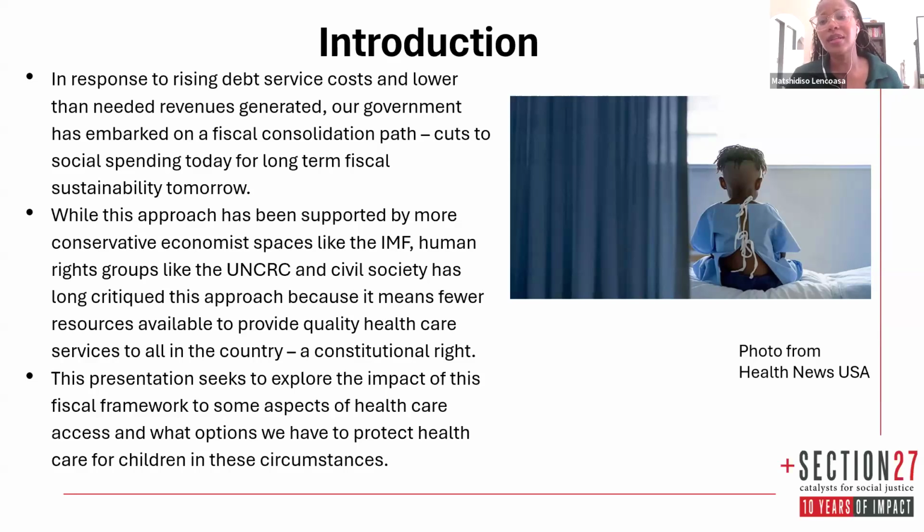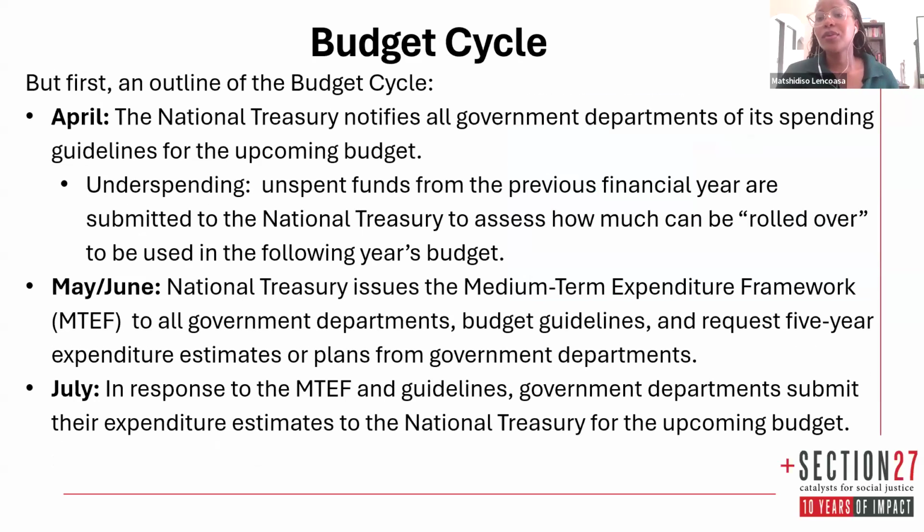This approach is really the status quo in more conservative economic spaces. But if you ask human rights groups or human rights centered organizations, so the UN, civil society, we reject that view, because it really does mean fewer resources available to provide quality healthcare, especially to children in this country. And yeah, that's just the outline and the context that we find ourselves in.